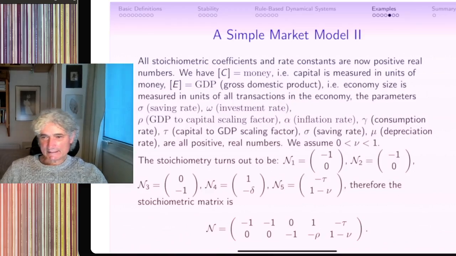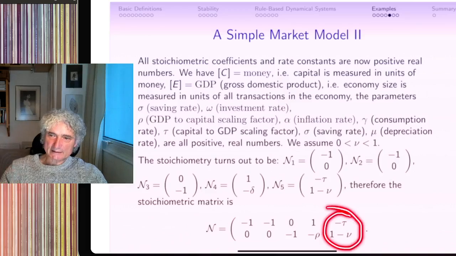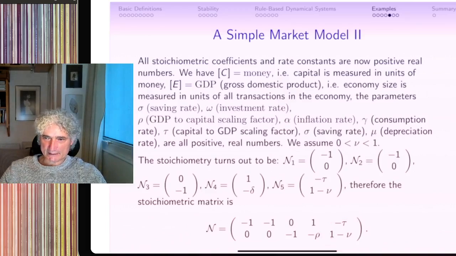Now you can see that you have not only integer values in the net production, because you also have real valued stoichiometric coefficients. If you look here, for example, these are clearly non-integer entries in the stoichiometric matrix. It's very important to note.